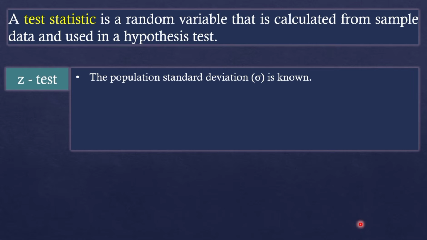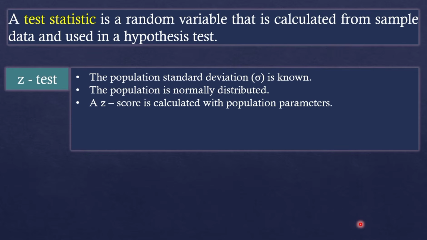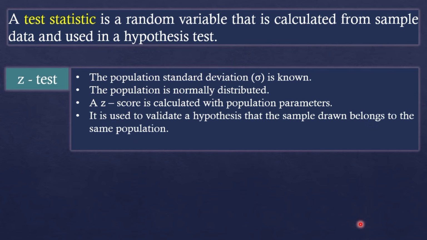So, tatandaan, kapag sa problem, kapag yung population standard deviation is given, and the population is normally distributed, a z-score is calculated with population parameter, and it is used to validate a hypothesis that the sample belongs to the sample population.